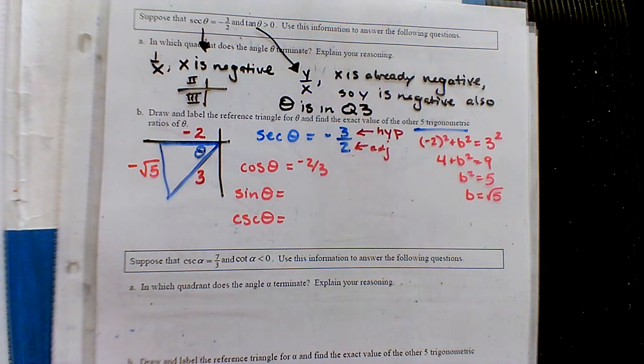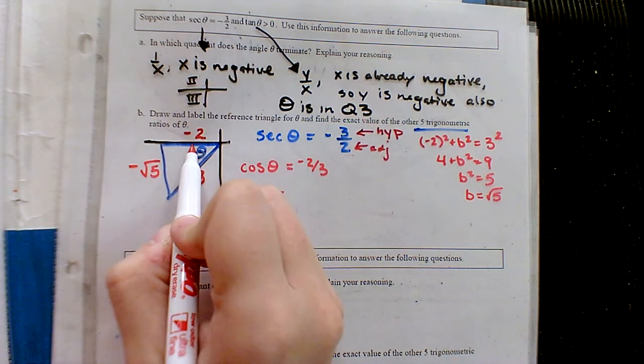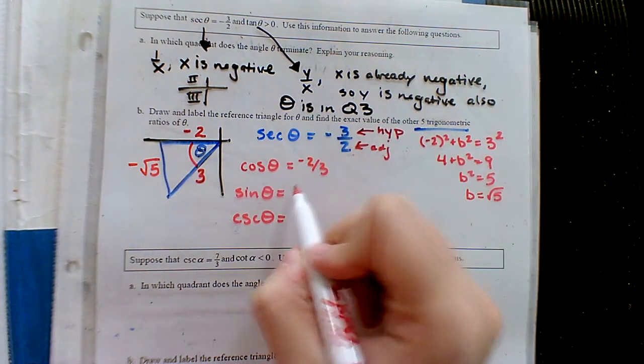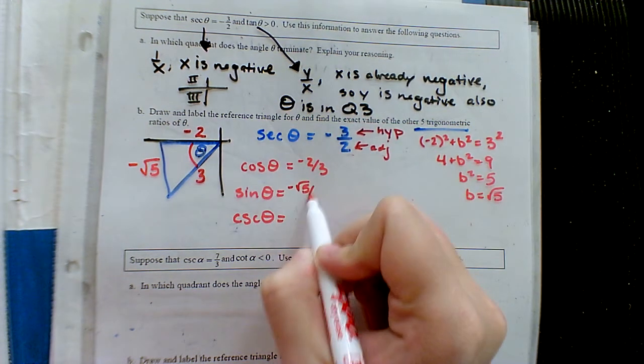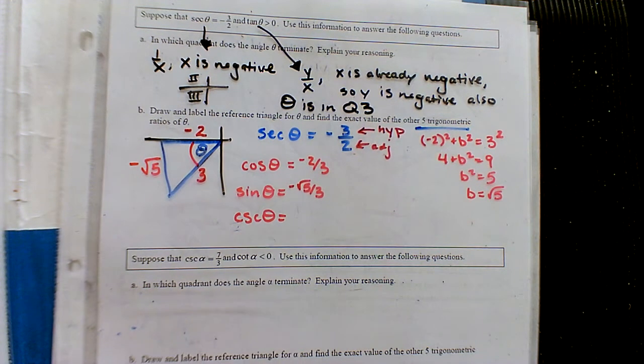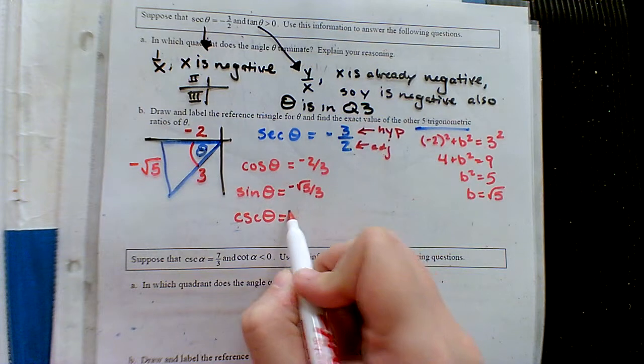Let's go ahead and try the sine relationship. So using our angle theta, we got to figure out the opposite side over the hypotenuse. That'd be negative square root of 5 over 3. For cosecant, we can just flip that value.